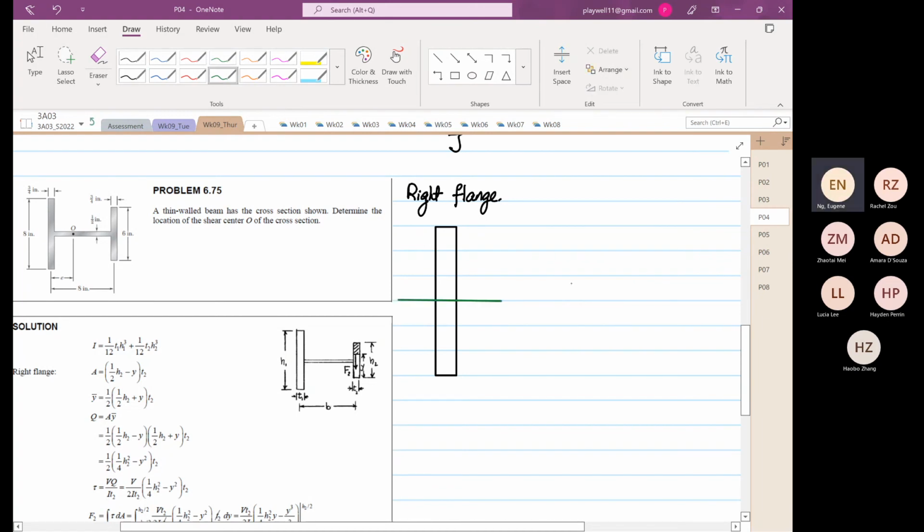So we will call this distance from here to here h/2.